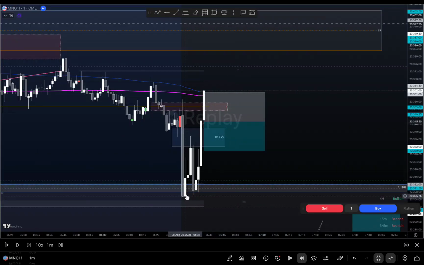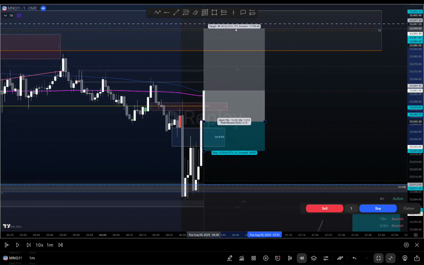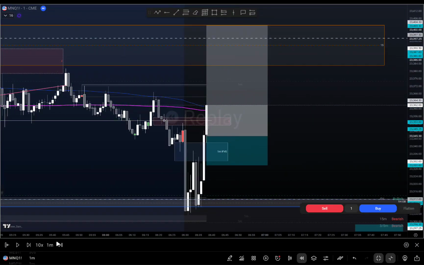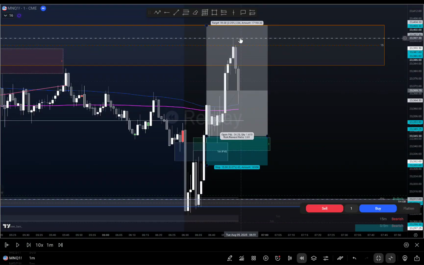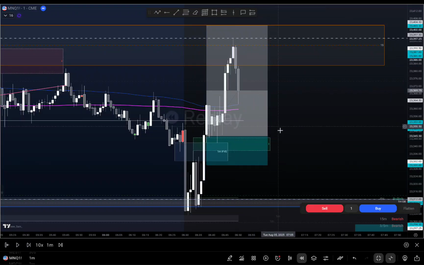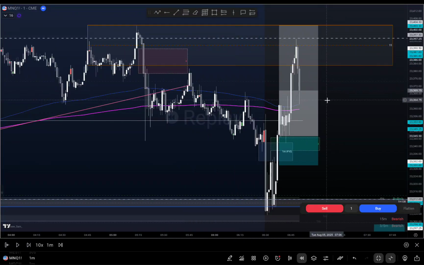Also here, what we see here is our triple bar setup. Triple bar, triple bar. And so what I originally did was target the high here. And as you can see, the market ended up coming up and then just targeted here, which is that true high before breaking down completely.